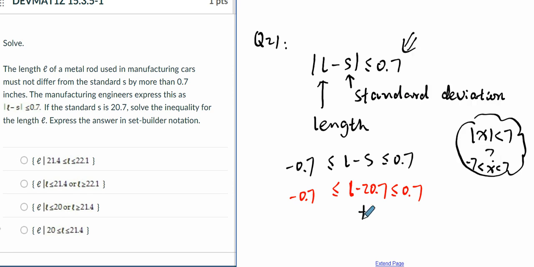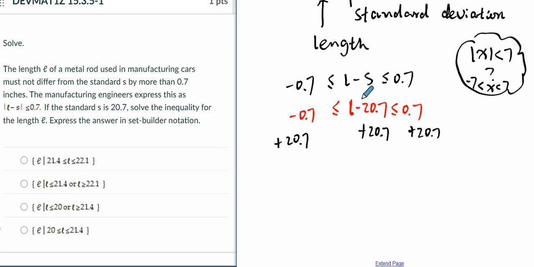And then you add 20.7 everywhere. Okay. So you then cancel positive, negative. So then where is the range for L? 0.7 plus 20.7 is 21.4. And here 20.7 minus 0.7, then you have 20.